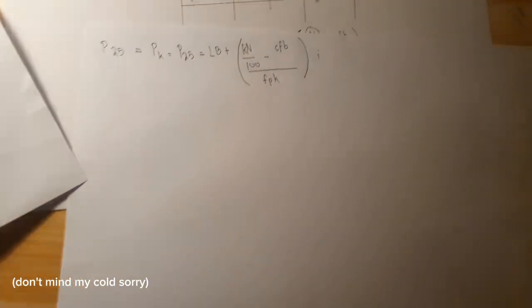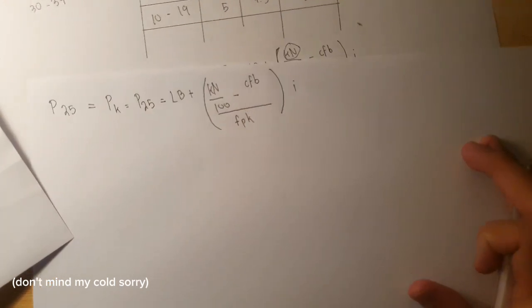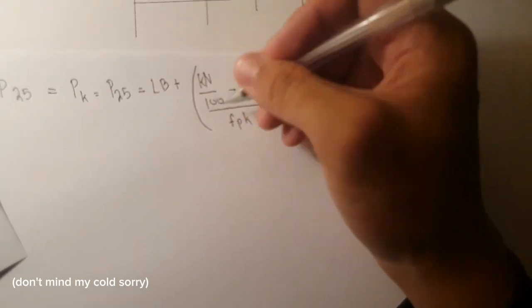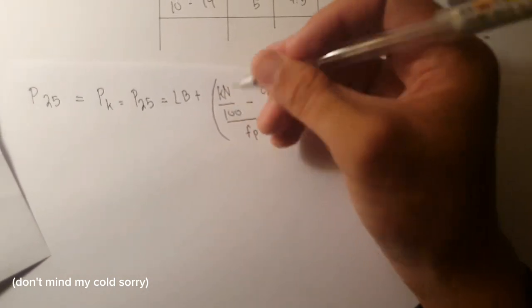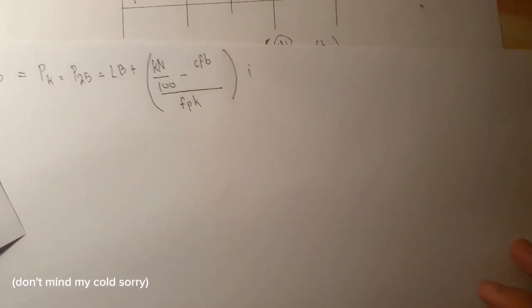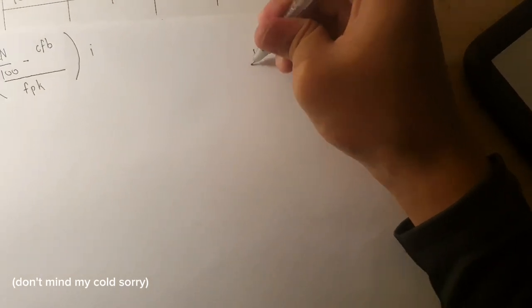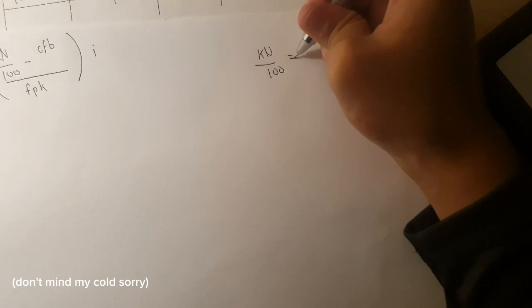In order for us to find the P25 in the table, first we need to solve for this equation, Kn over 100.